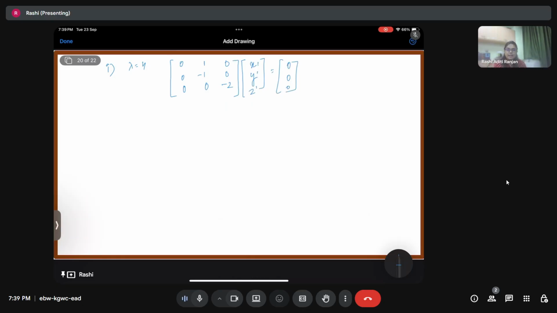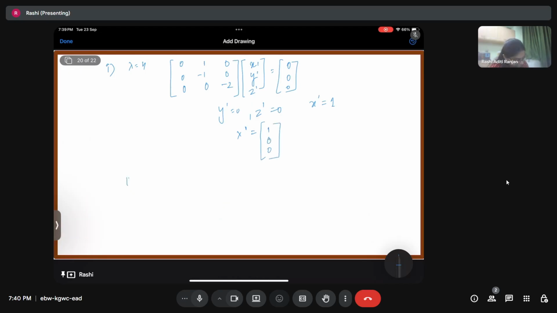So multiplying it with the matrix A minus 4I, we get y of 1 is 0 and z of 1 is 0. For x, we do not have any condition, which means that x is a free variable. So we can consider x as 1. So the first eigenvector is 1, 0, 0.